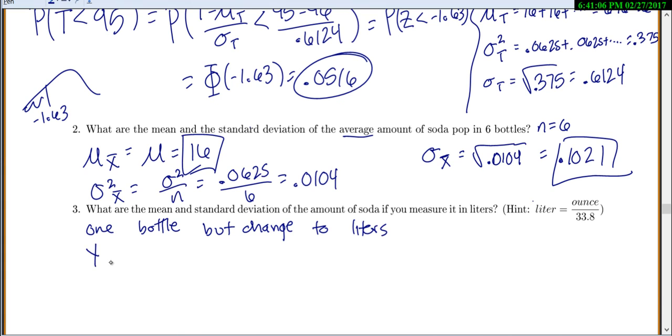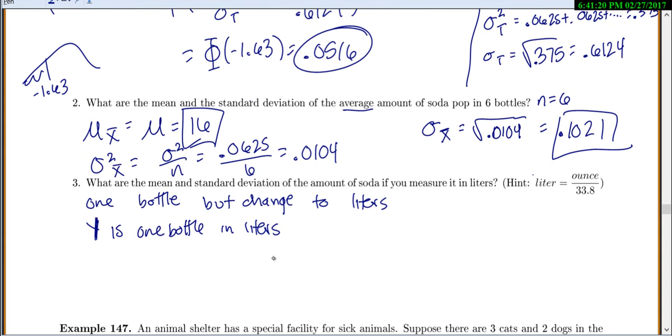So let's say Y, just because I'm picking a random letter, is 1 bottle in liters. So how do you get Y? It says a liter is an ounce divided by 33.8, so that means Y would be equal to our old X divided by 33.8. Or, if you prefer, it's 1 over 33.8 times X.